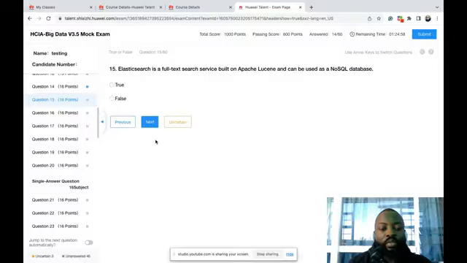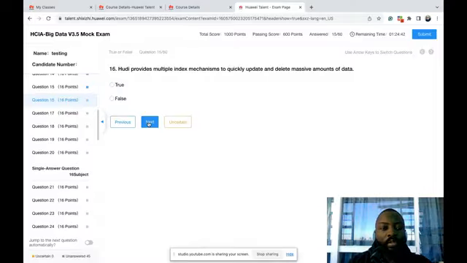Elasticsearch is a full text search service built on Apache and can be used. Yes, that is true. Let's see, who to provide. Yeah, that is true.